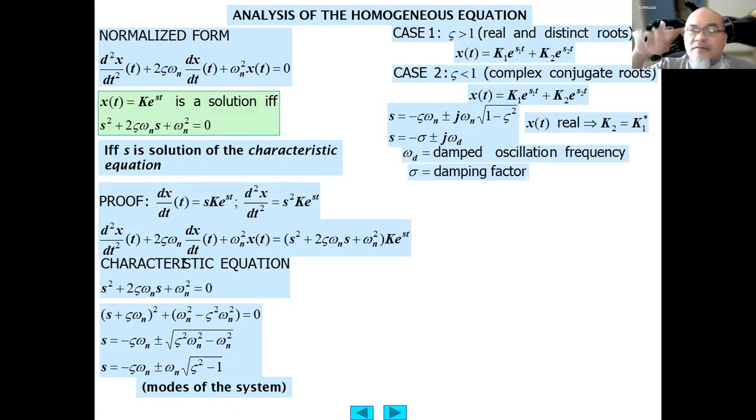This is the frequency inside the damping curve. Okay. If x(t) is real, then from this equation k2 should be the complex conjugate of k1.